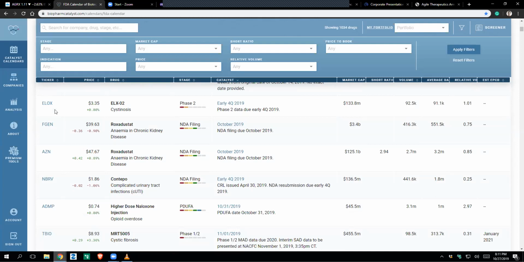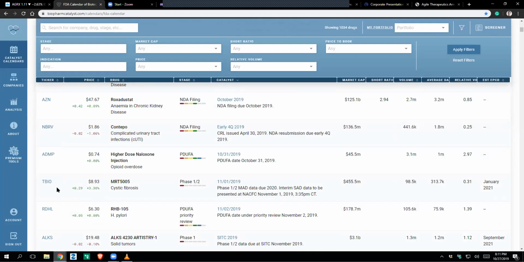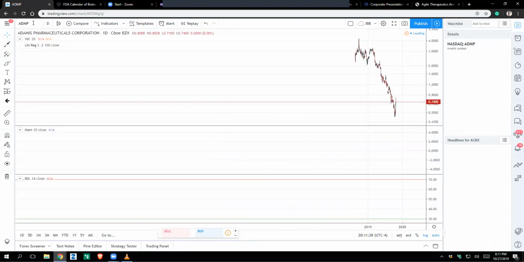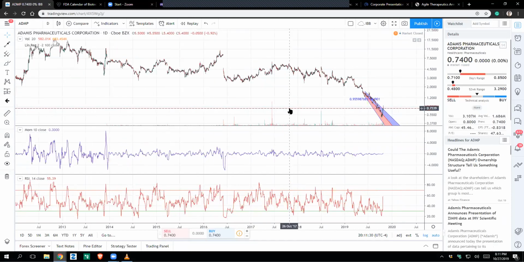Okay, we still have a big list here to go through. ADMP, this is one name. I know a lot of people follow this one. Higher dose naloxone injection, PDUFA. I mean, this has sort of a cult following. I don't know, but it's going down.